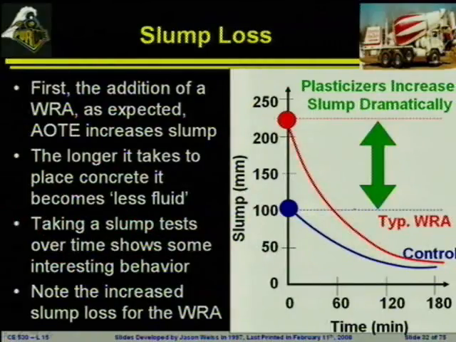One of the things that people commonly report is that certain plasticizers have quite a bit more slump loss, more variation in the slump at early ages. Now the one thing that I will point out here is one of the reasons we note that it has more slump loss is because there's actually more slump to lose. The water reducer makes the system a whole lot more workable.